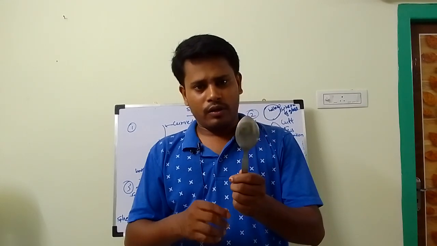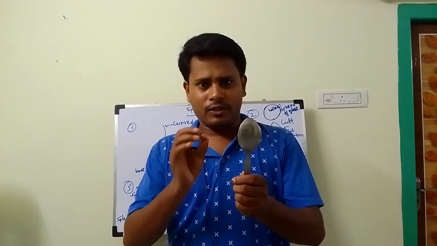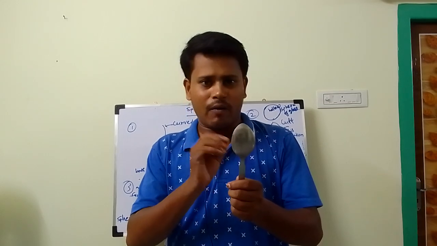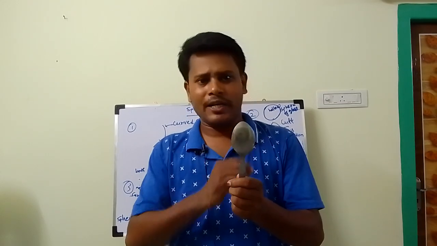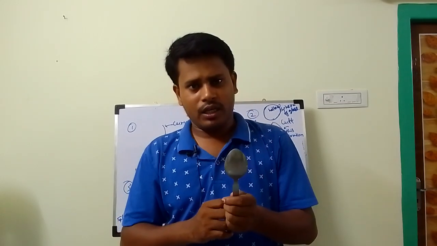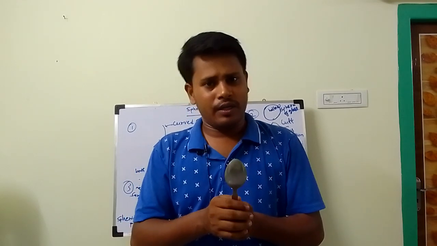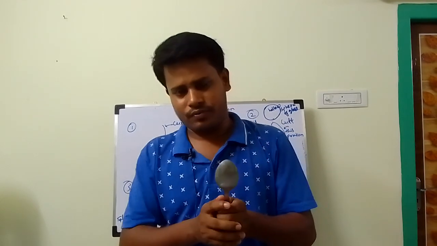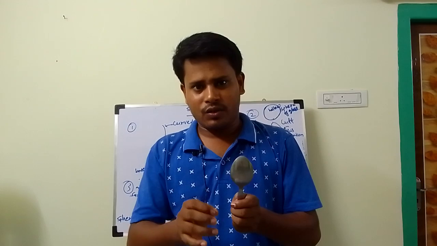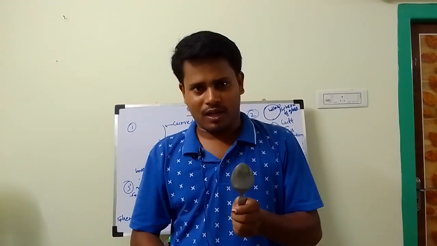So I discovered here that we can see our image on both sides of the spoon, and you can also check this in your home by taking a spoon. I suggest you check this after this class.